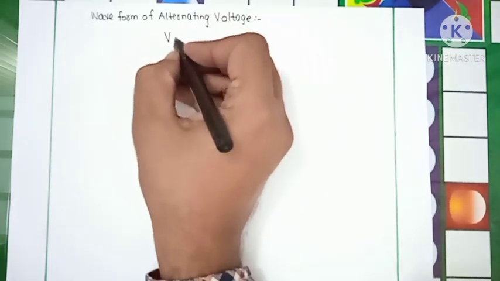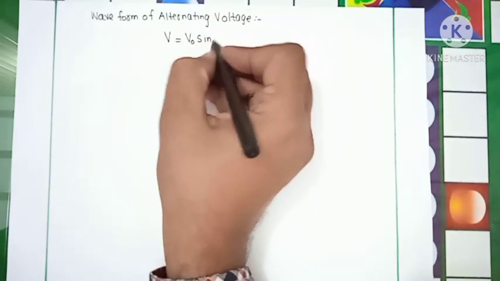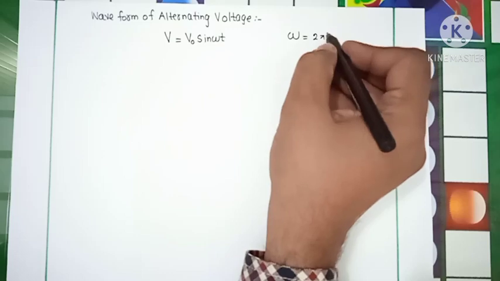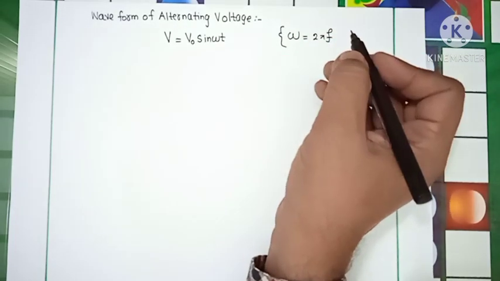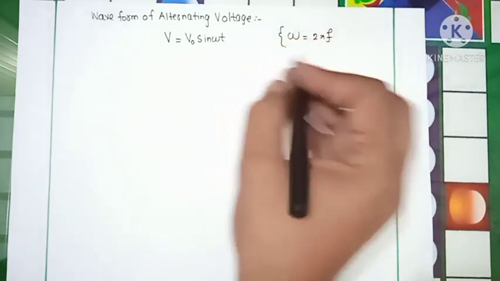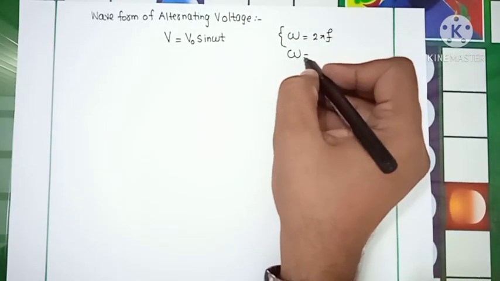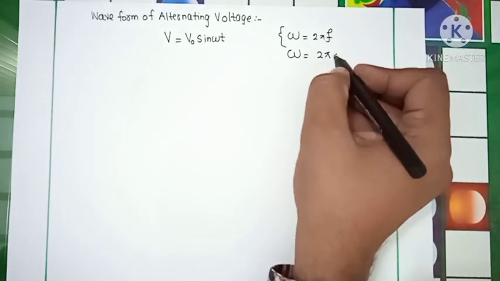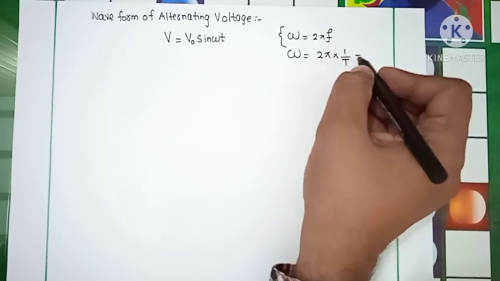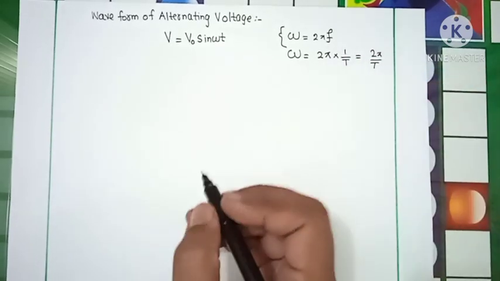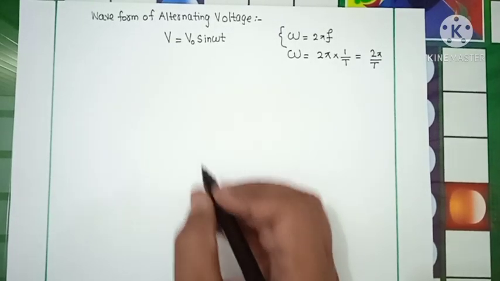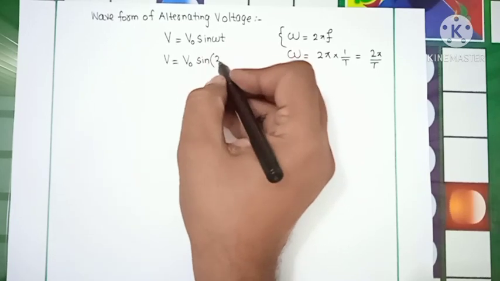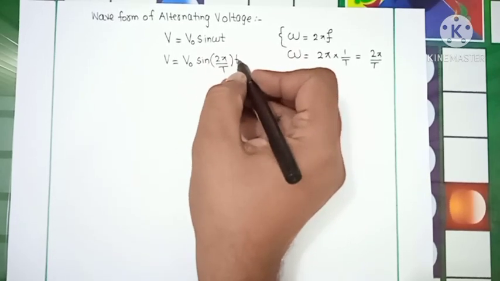The output is V equals V naught sine omega t, where omega is equal to 2 pi f. f is the frequency, 2 pi is a constant. Since f is equal to 1 over T, omega is equal to 2 pi over T. So V equals V naught sine of 2 pi over capital T multiplied by small t.